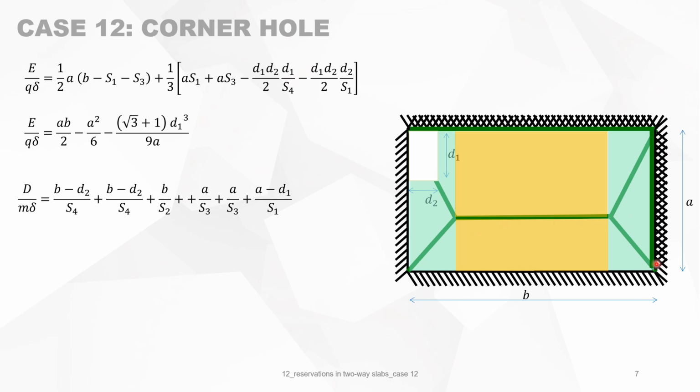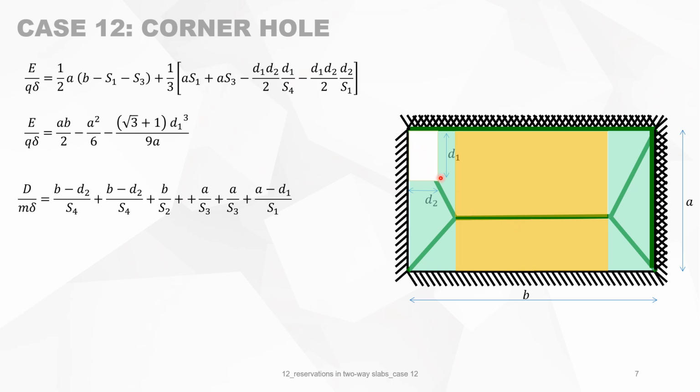At the bottom, you have this yield line projected on this axis of rotation, which gives you B over S2. Then we have A over S3, and then again A times angle theta divided by S3.